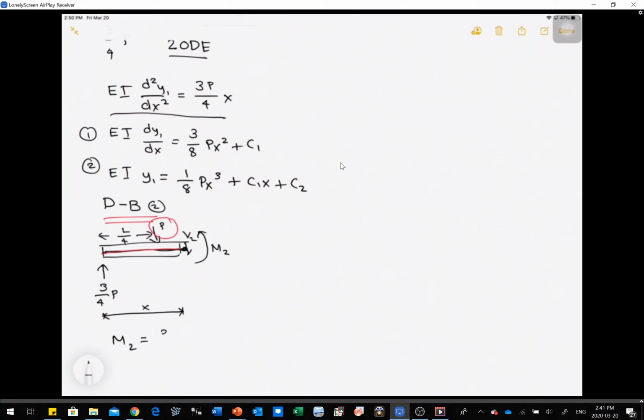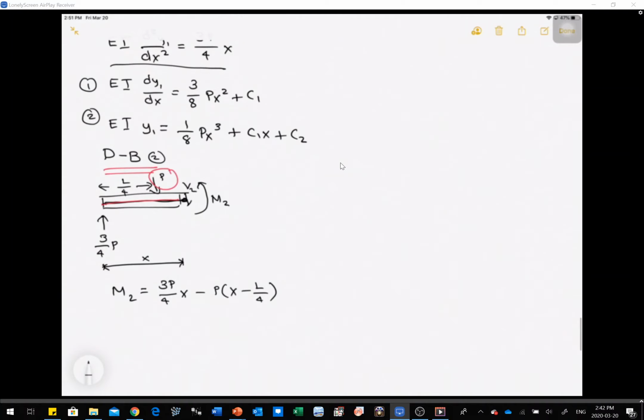M2 now becomes 3P over 4 x minus P times (x minus L over 4). So that's going to be the equation of my moment. Now we have the equation of the moment, we can integrate our function here.